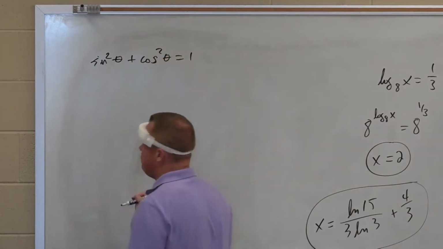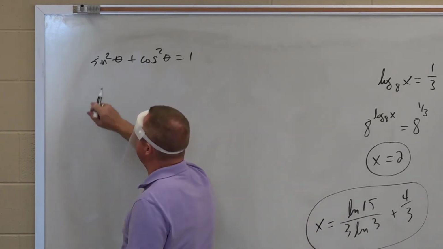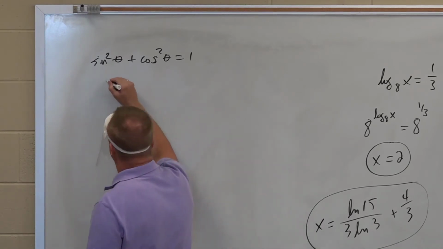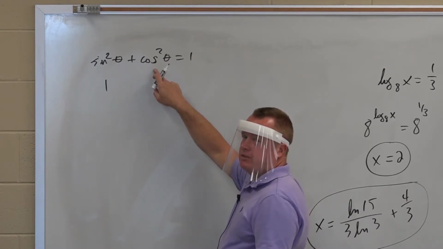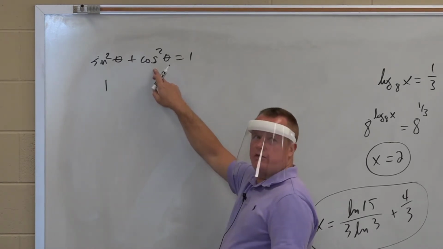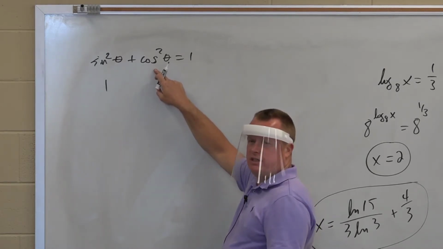All right. Then if you divide both sides by one of these, say I divide both sides by sine squared. Sine squared divided by sine squared is 1. What is cosine divided by sine? Sine over cosine is tangent.